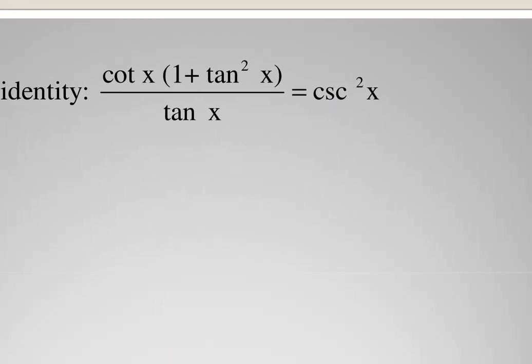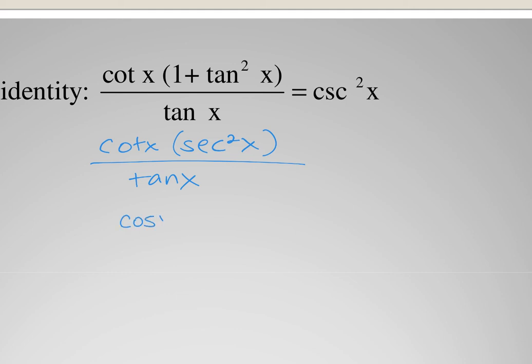All right. Ideas. Yep, go. Convert 1 plus tangent squared to secant squared. Okay. Then simplify both the cotangent and the secant squared to cosine over sine times 1 over cosine squared. Then all that over tangent. Then cancel, right?